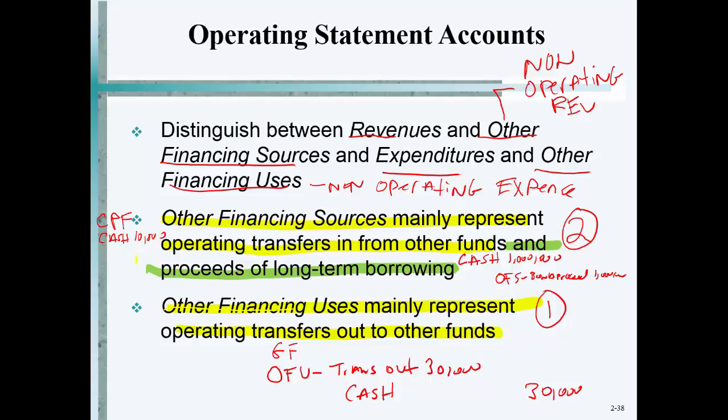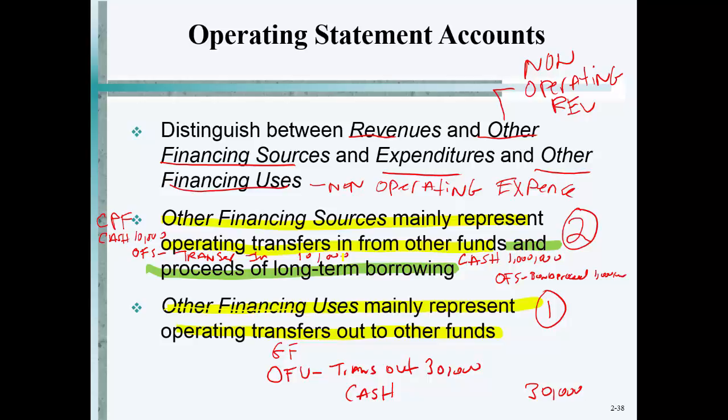I have to credit something, don't I? I credit other financing source. This is a transfer in, isn't it? And I would credit that for $10,000. Right? This is a transfer in. This is other financing source. I'll credit that for $10,000.